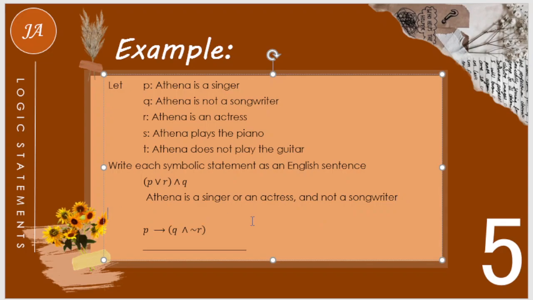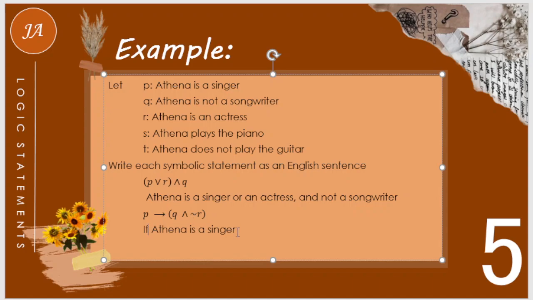For the second one, we have here P implies the quantity of Q and not R. So the statement will be as Athena is a singer? Since it is an implication, we'll start with if.